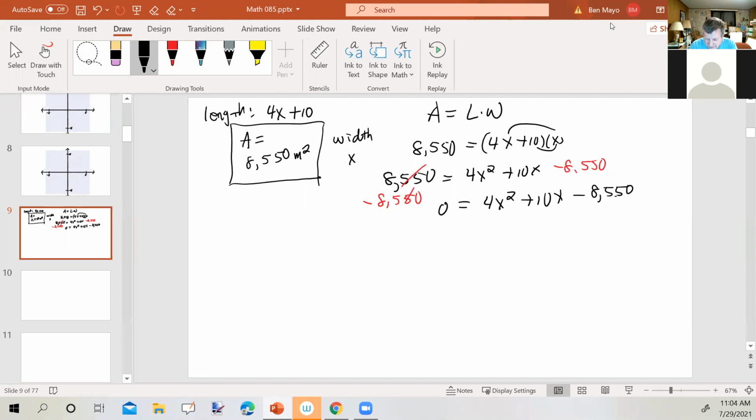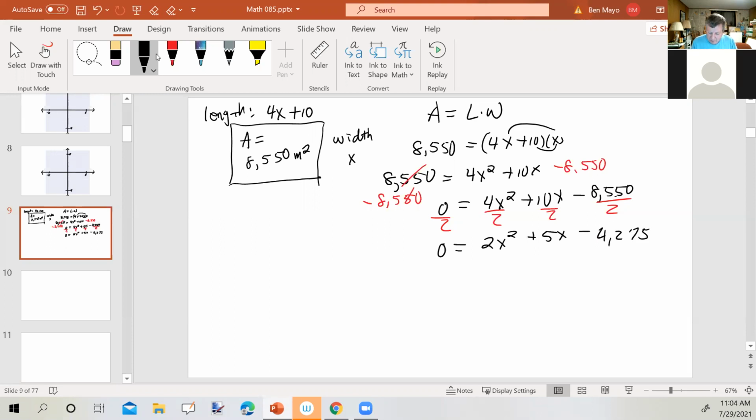Can we reduce it? Okay, so I'm going to take a 2 out of everything. So I'm going to divide by 2, divide by 2, divide by 2, divide by 2. So we get 0 equals 2x squared plus 5x minus, let's see, what's 8550? 8550 divided by 2 is 4275.